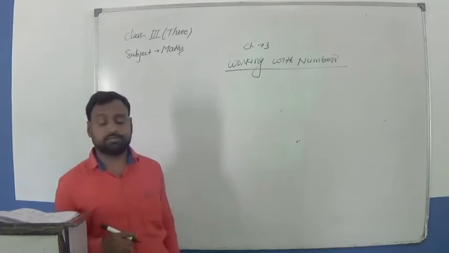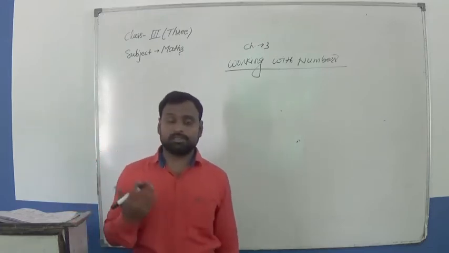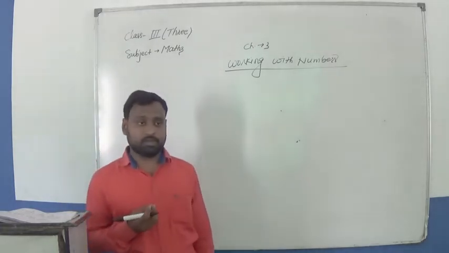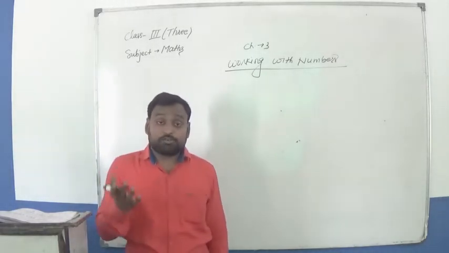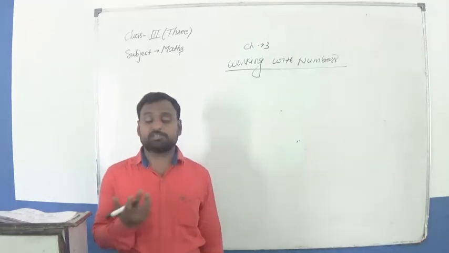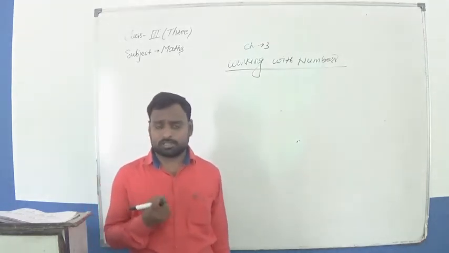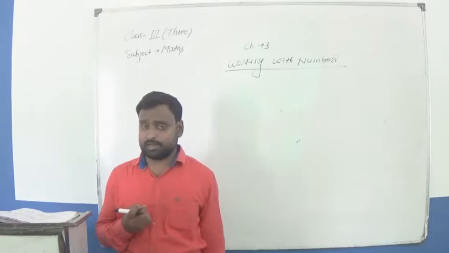In the previous chapter, you learned regarding numbers: short form, expanded form, how to represent numbers, face value and place value. All these terms you have learned in the previous chapter.